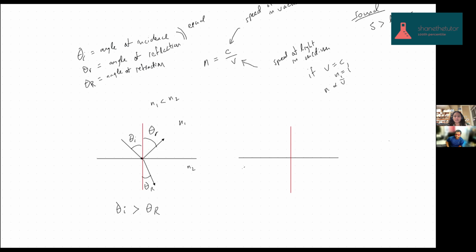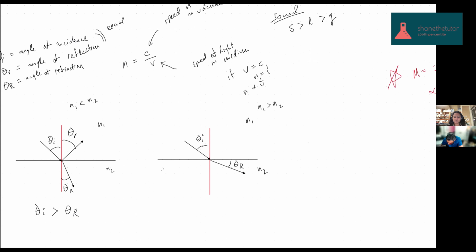So we would have, like this, angle of incidence, angle of refraction.